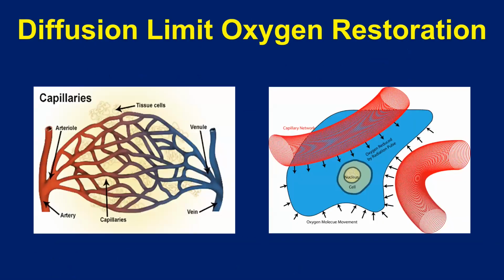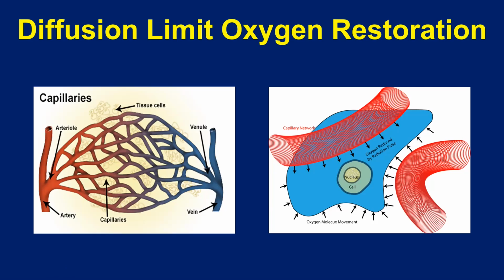Next, we want to explain diffusion-limited oxygen restoration. Most living tissue cells lie within 1 to 3 cell widths of the capillary. Therefore, the distance from a cell to its nearest capillary is on the order of 10 microns.